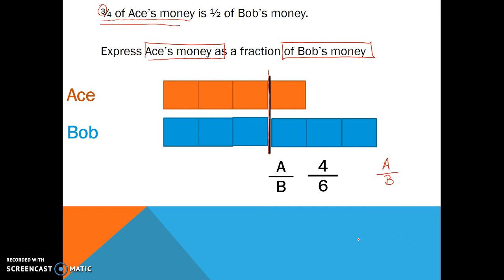And my fraction is going to look like this to start. So Ace has 4 units, Bob has 6 units, but of course I'm not going to leave it that way. I'm going to go ahead and simplify this fraction. So I'm going to simplify that 4/6. I'm going to divide the numerator and the denominator by 2, and it becomes 2/3.